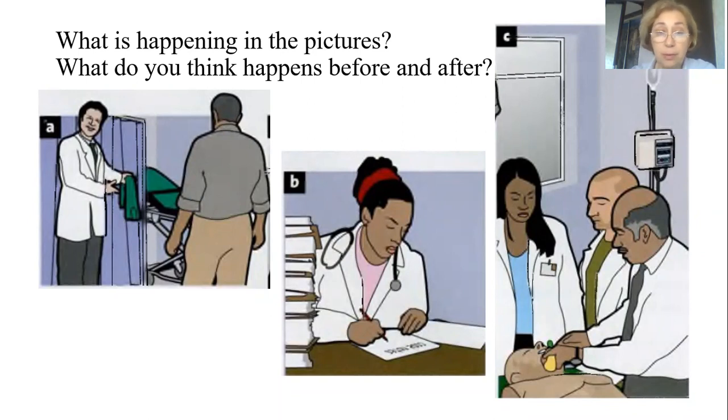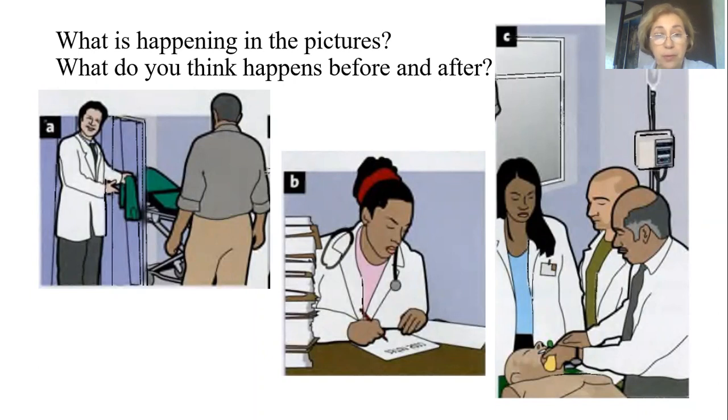Picture B, Mazir. What is happening? The doctor's writing, I think she might be writing a prescription or something for a patient right now to go in his record book. Okay. And I'm assuming what happened before was she talked to the patient and identified what was going on and is now just logging it for future reference.